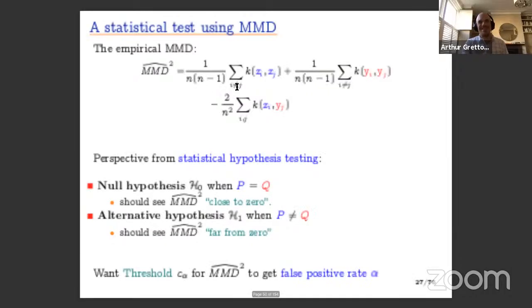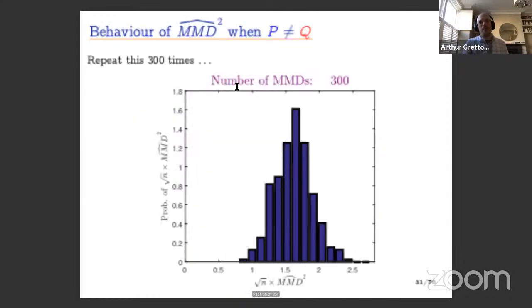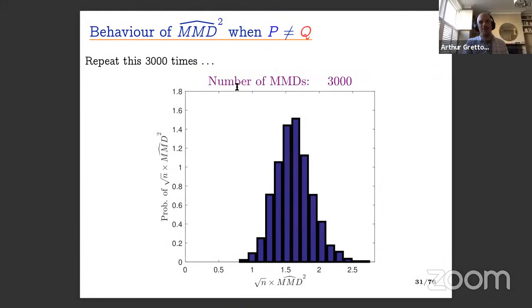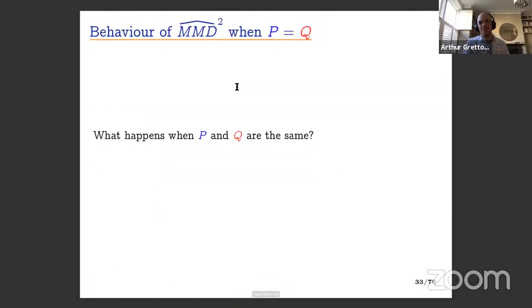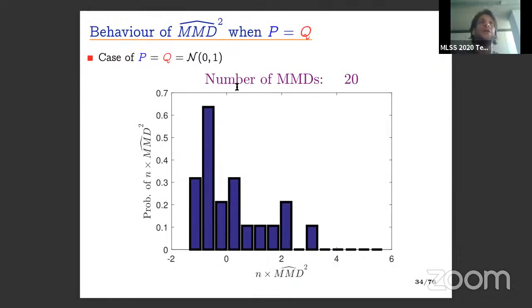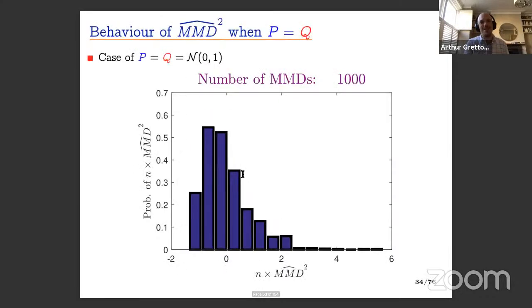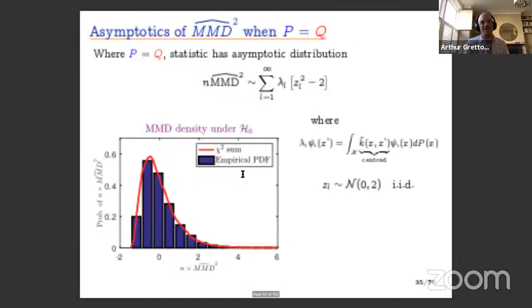Yeah, so no, that's actually an interesting question. So indeed, as P and Q approach, you can even do a numerical experiment. The distribution does get closer to this weighted sum of chi-squareds. And so in a sense, for small numbers of samples, if P and Q are very, very close and you compute the asymptotic distribution, it is going to somehow look a little bit like the null rather than the alternative.